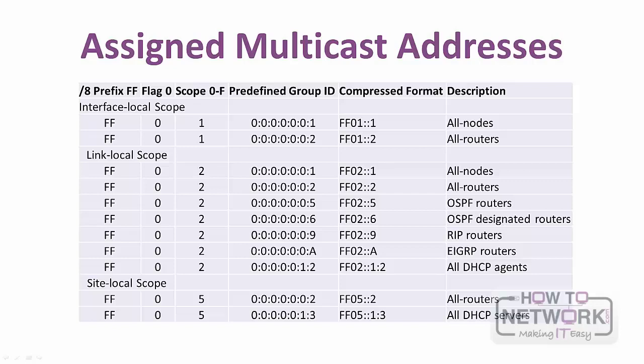Notice that, depending upon the scope, a packet sent to the all routers group ID of 0000002 can be confined to a single link, FF02::2, or used for an entire site, FF05::2.